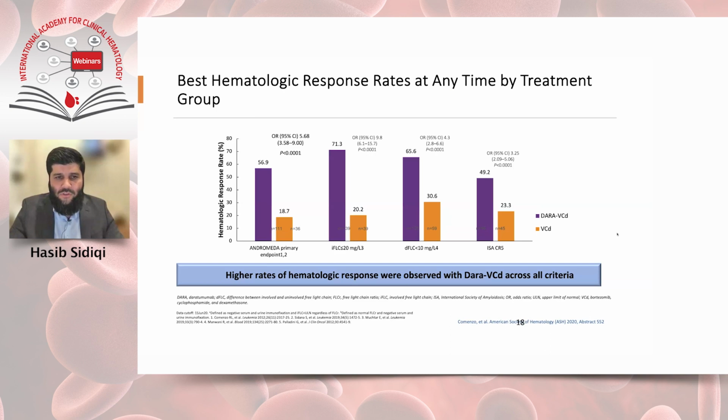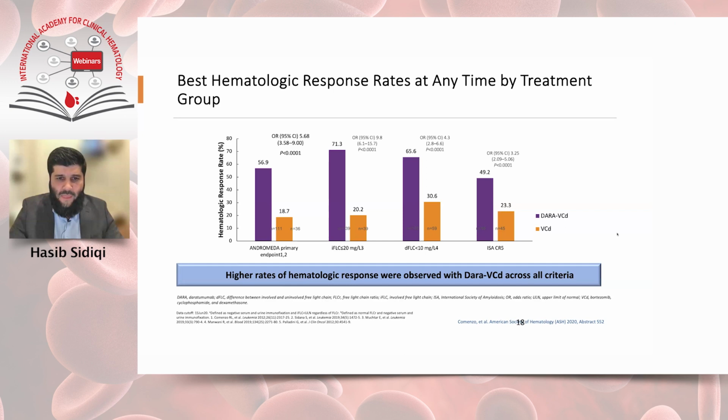The results showed an overwhelming improvement in deep hematologic responses for patients receiving daratumumab in combination with Cyborg. So looking at the overall response rate, but in particular, looking at the CR rate and the deep response rates, what we find is that the patients receiving daratumumab had a significant improvement compared to Cyborg alone.